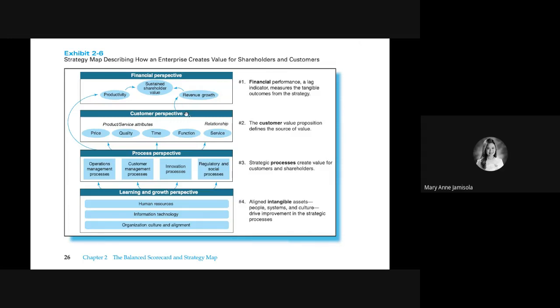And then these other perspectives, we have customer perspective, process perspective, learning and growth perspective. We call them leading indicators. So again, lag indicators or lagging indicators. The complete term is lagging indicators.